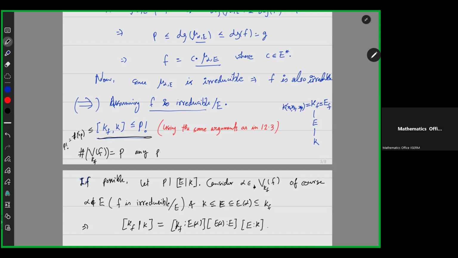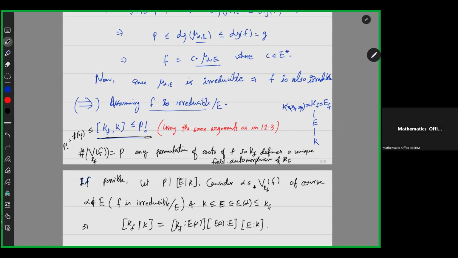Any permutation of roots of F in KF defines a unique field automorphism.